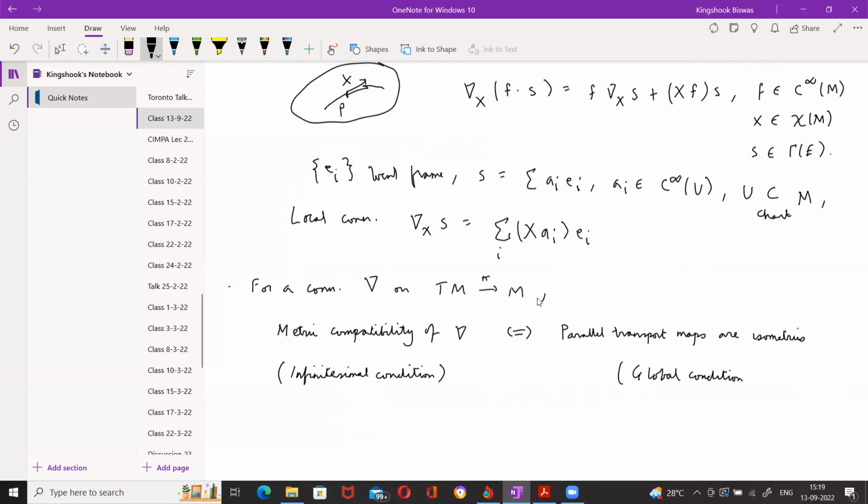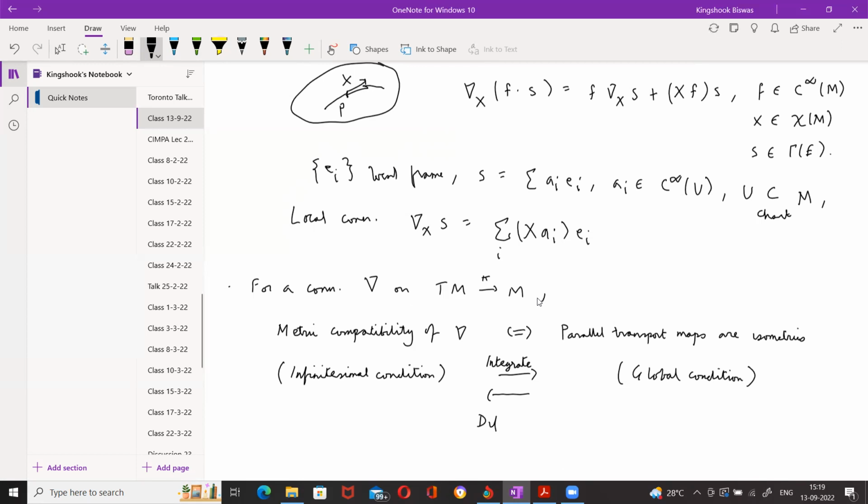As in calculus, to go from infinitesimal to global, you integrate. In this case, integrating means solving the ODE, the parallel transport equation. To go back from parallel transport to the connection, you differentiate. As we saw, the covariant derivative you can get by differentiating the parallel transport.